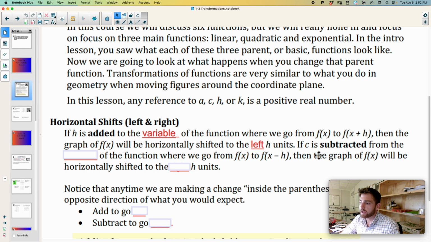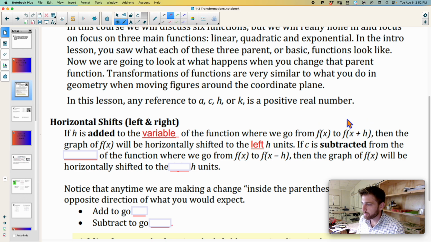Notice this is positive h, or x plus h, and it's shifting to the left. So really you need to remember that it's opposite of what is going on in the parentheses. If it's positive, you're going to shift it to the left. If it's negative, you're actually going to shift it to the right.